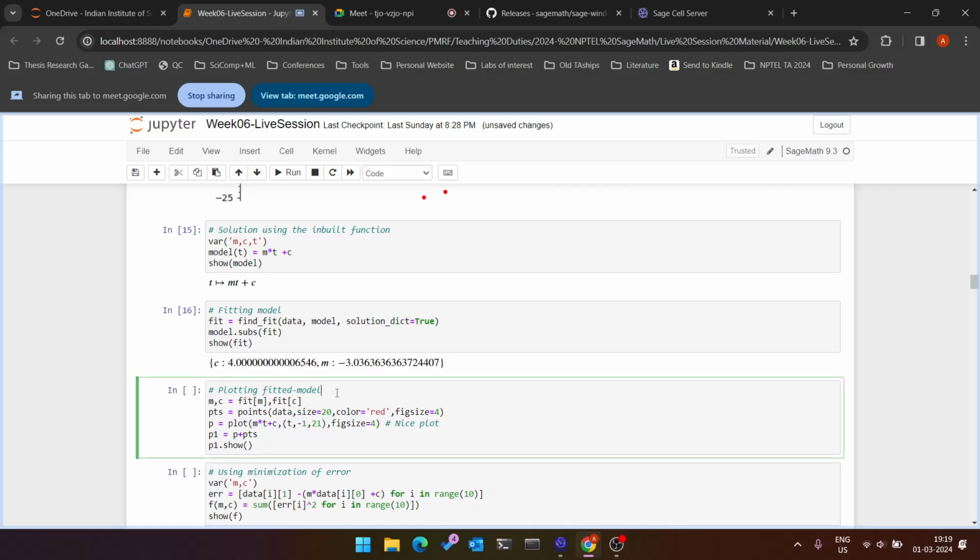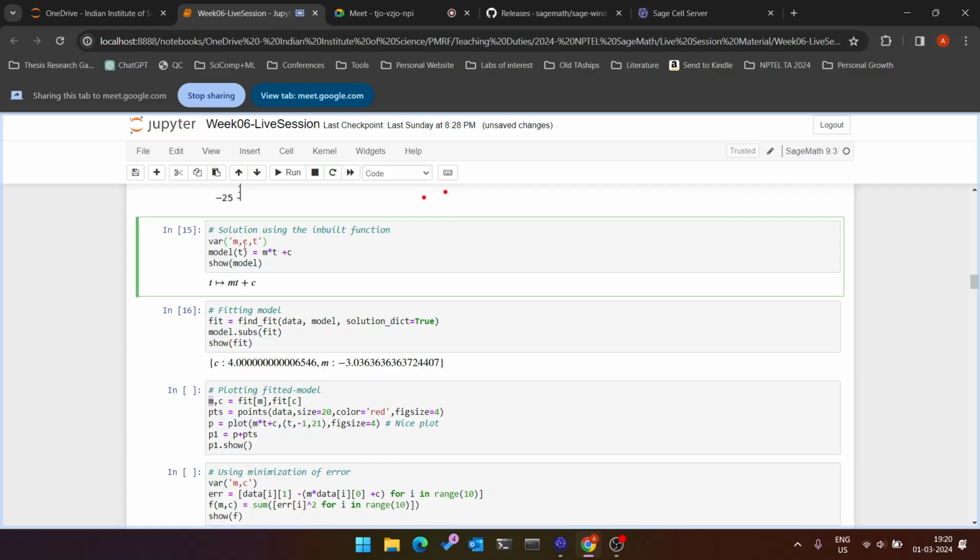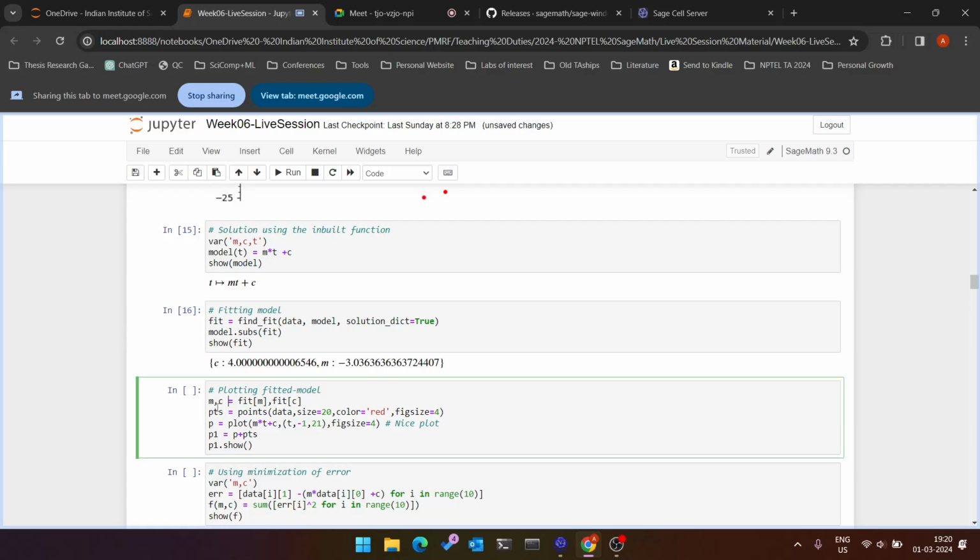Next, I want to plot the fitted model. So what I do here is I again assign this: M and C are no longer symbolic variables like defined above. They become constants and their values come from this fit of M and fit of C. We plot points.